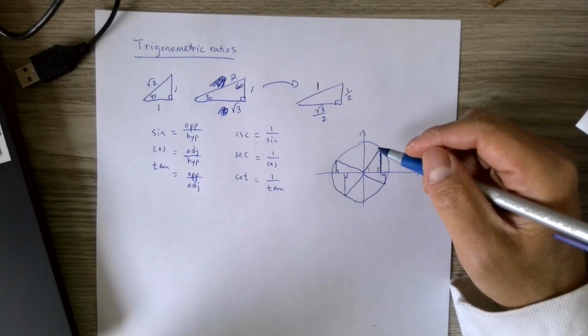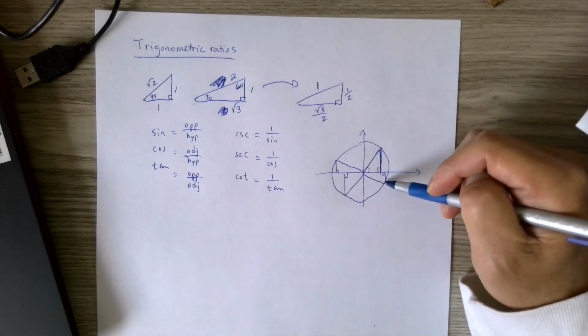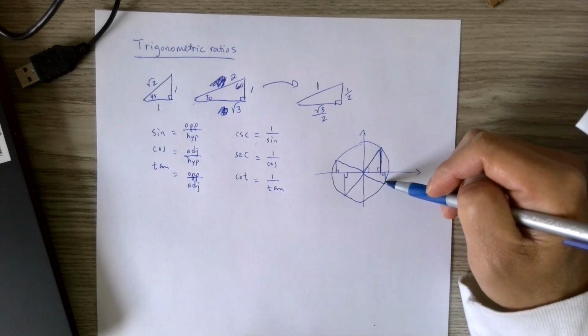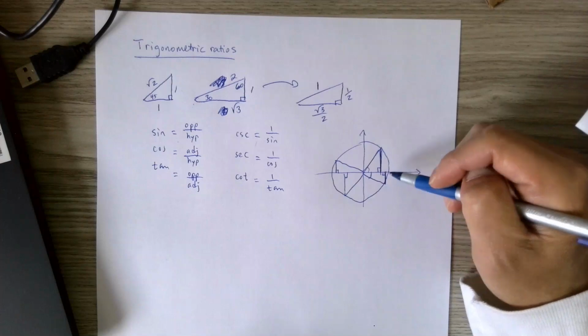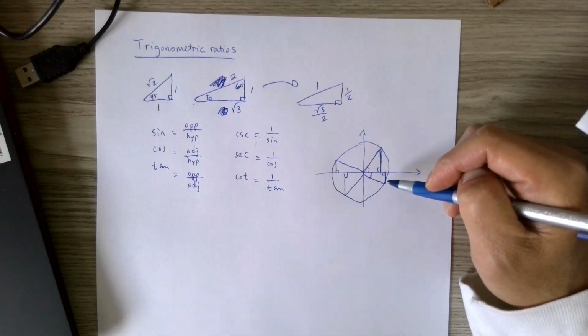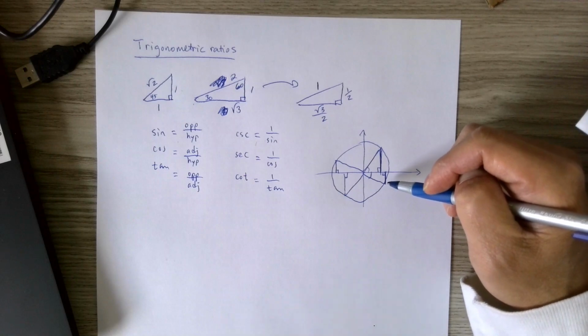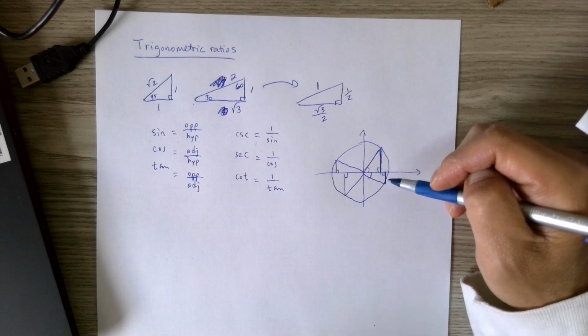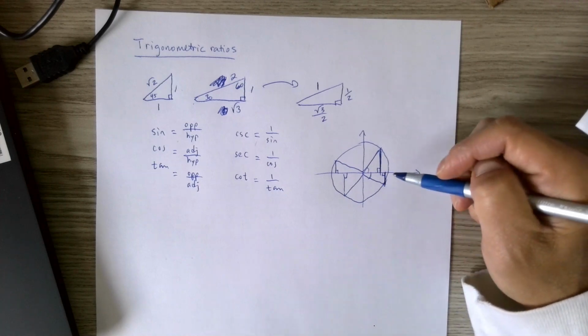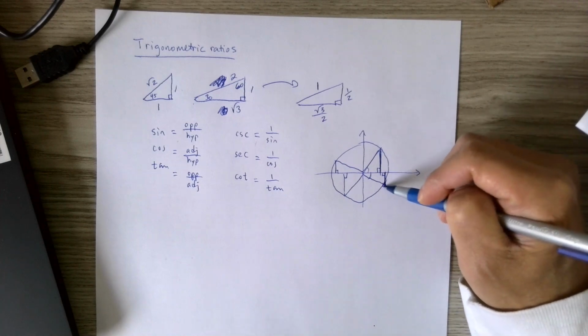That is as opposed to, let's say, in quadrant 4, if you're looking for the sine of this angle, this opposite side, even though it is a length of a geometric figure, is considered negative because direction in a unit circle matters.